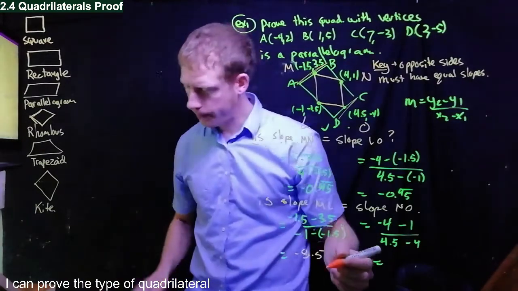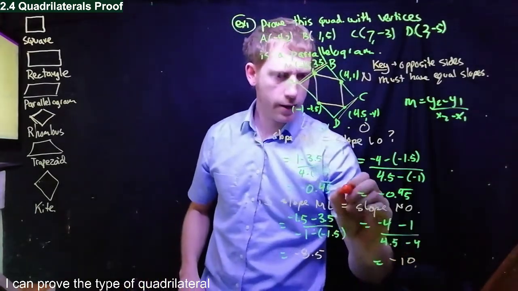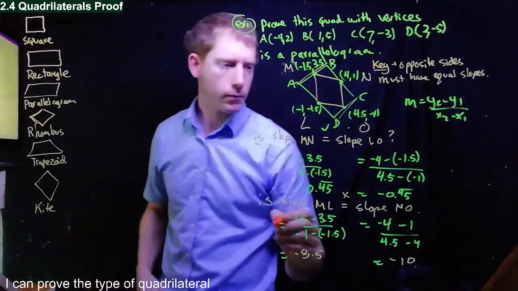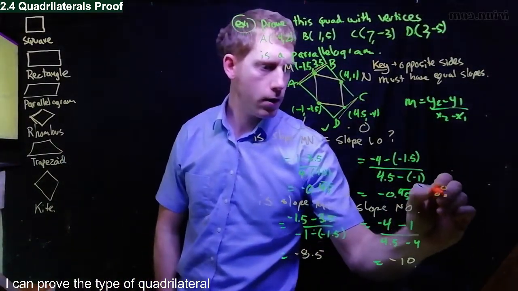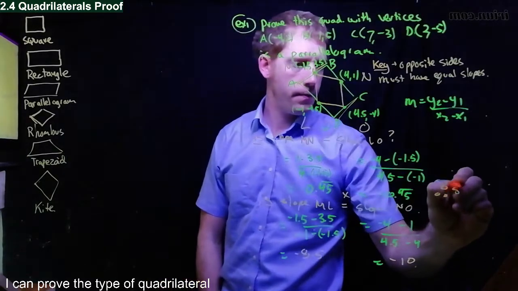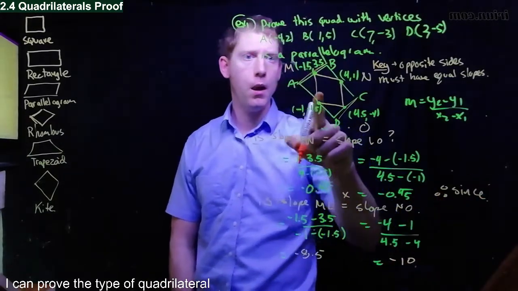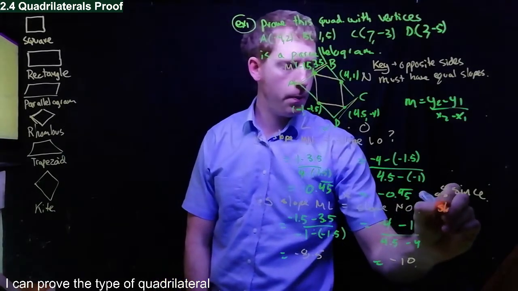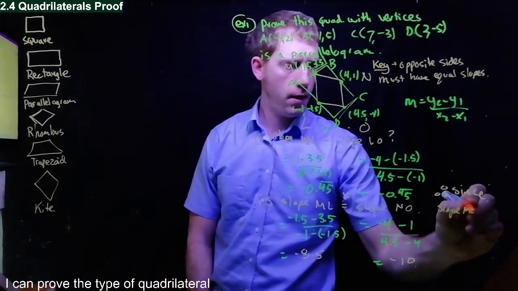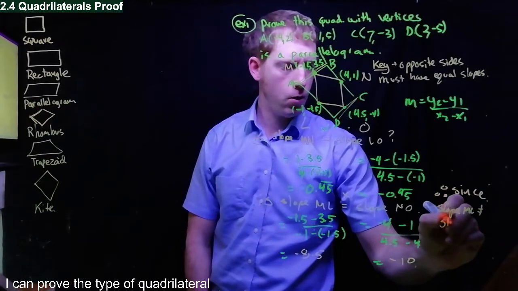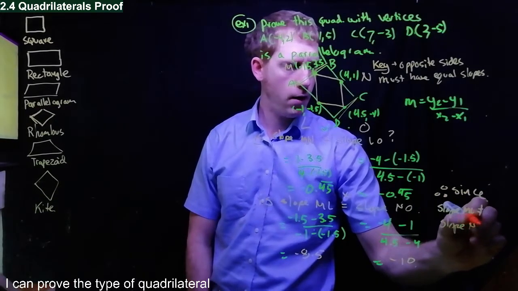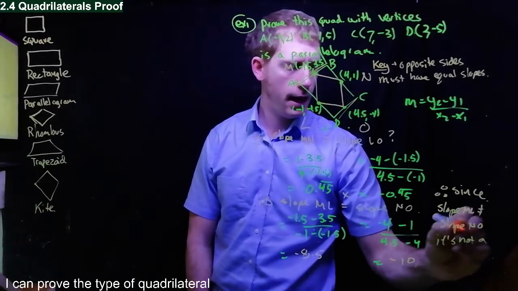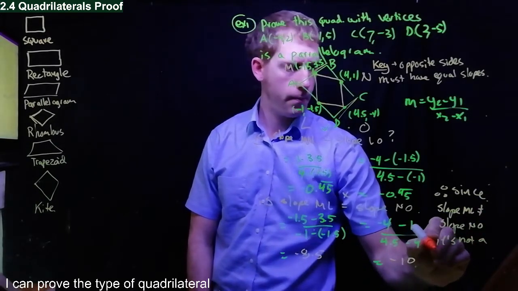I get negative 10. They're not the same, okay? So therefore, since slope ML does not equal slope NO, it's not a parallelogram.